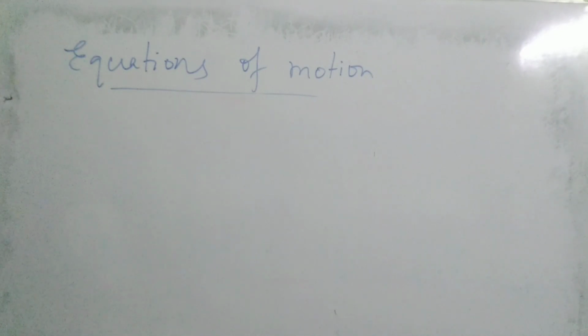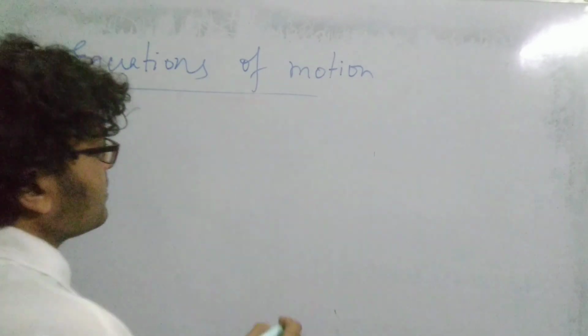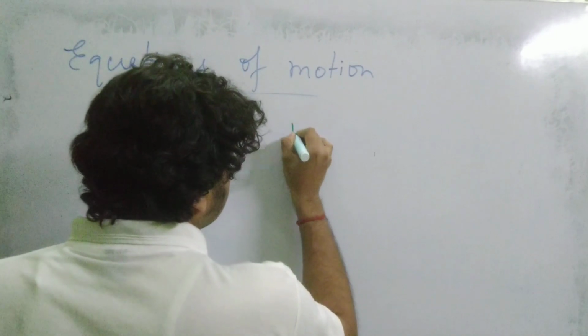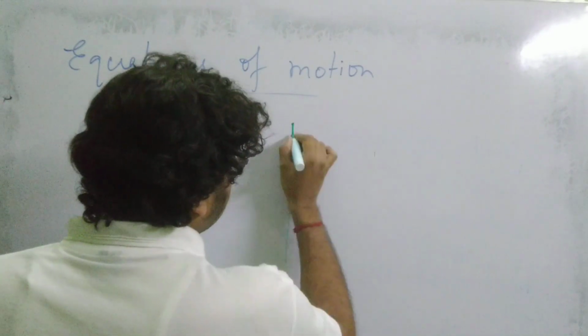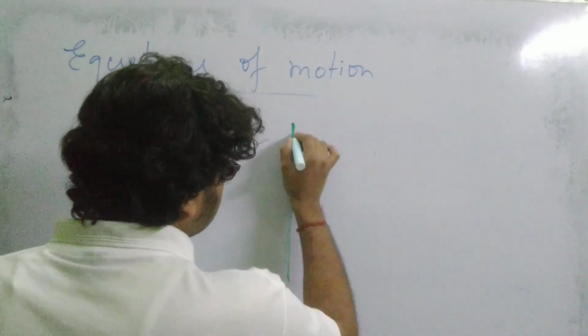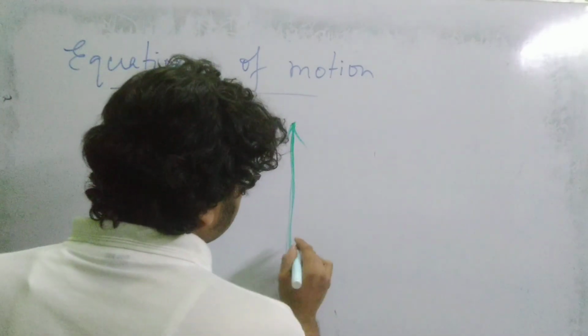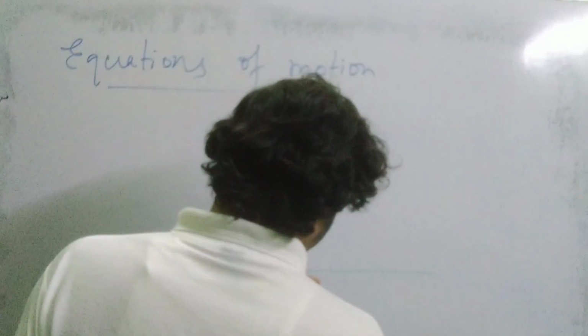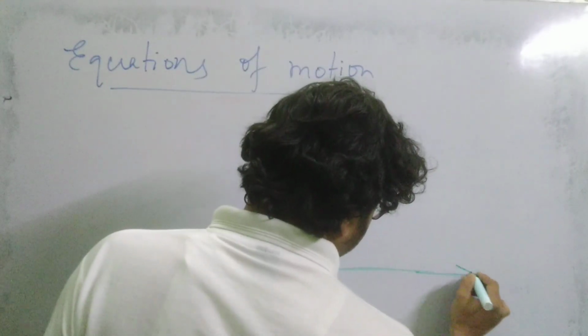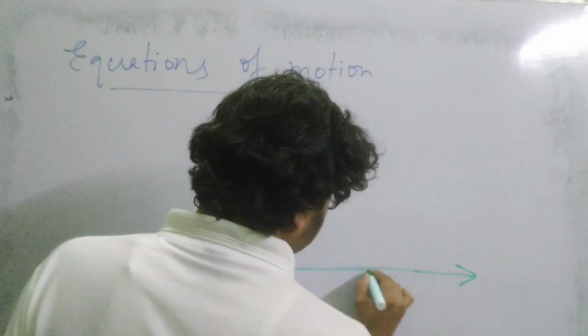If I draw a velocity-time graph for a body which has an initial velocity u, and from that velocity u keeps increasing and reaches the value v after a certain time t, this is a velocity versus time graph.